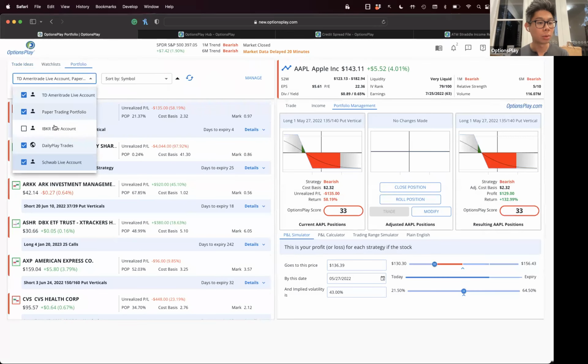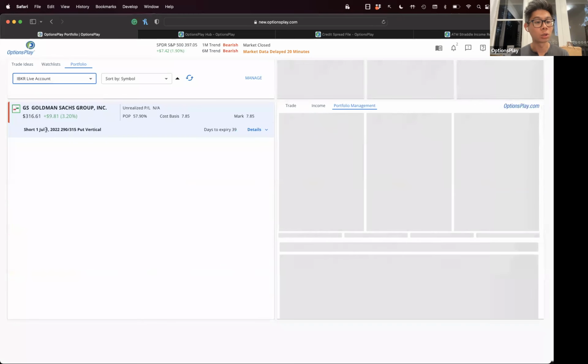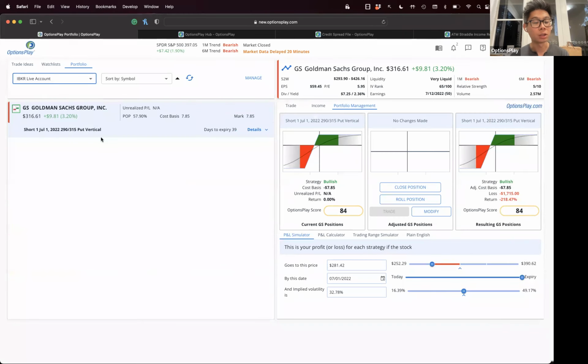I just go to my account and I can see my trades in, let's say, my IBKR account. For example, in this particular case, you should see my short July 1st, 315-290 put vertical here for Goldman Sachs. And it will basically track this position for me in my portfolio.